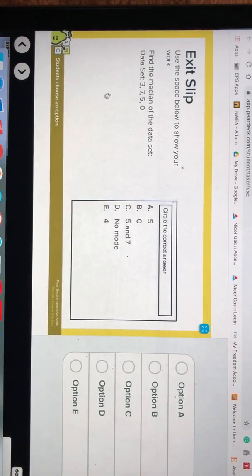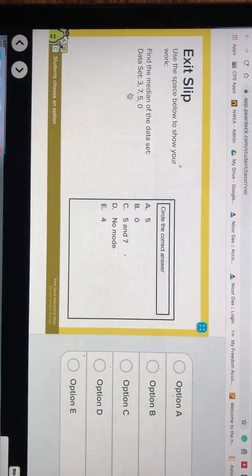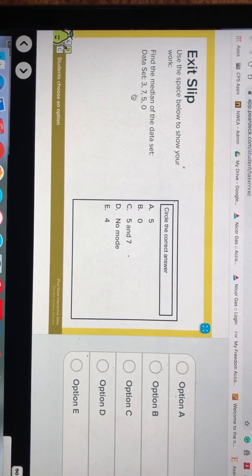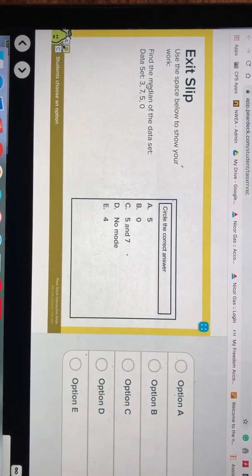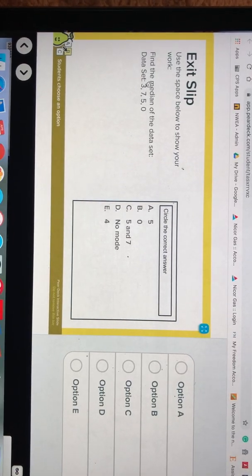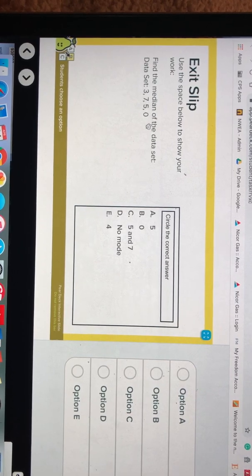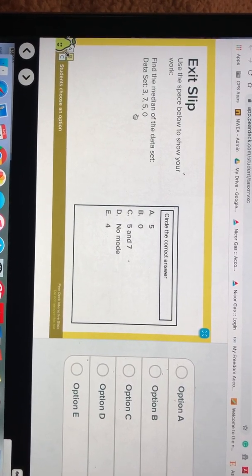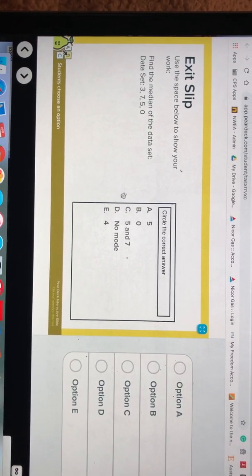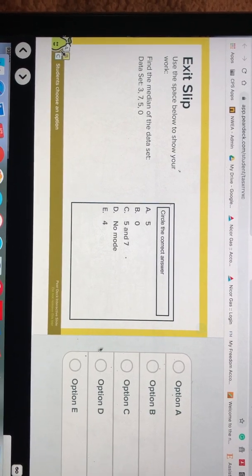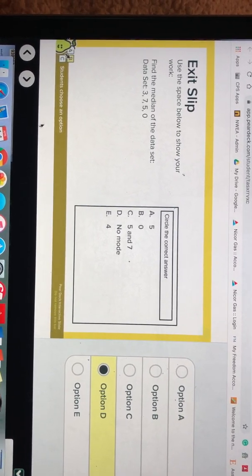Okay, looking at this next one, this was a mistake, I apologize. This should say mode instead of median. Find the mode of the data set. And if you notice, no number is used more than once, so our answer is no mode.